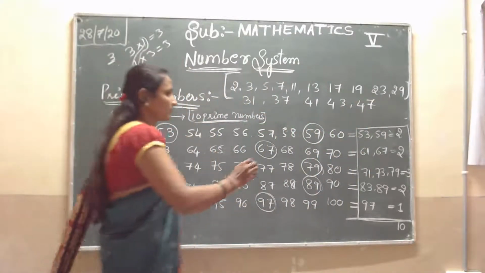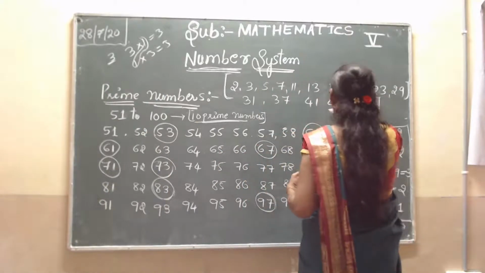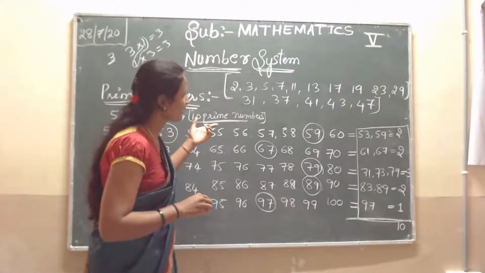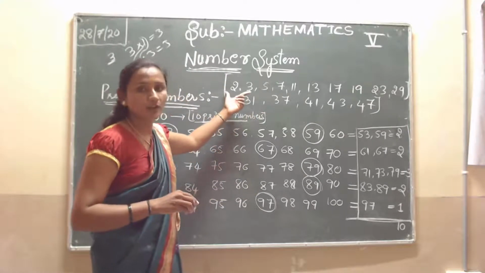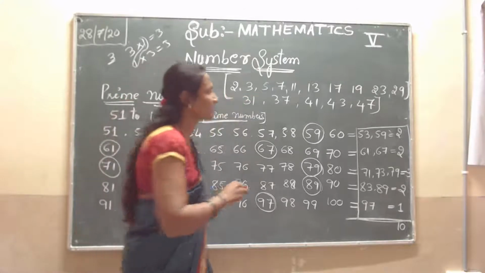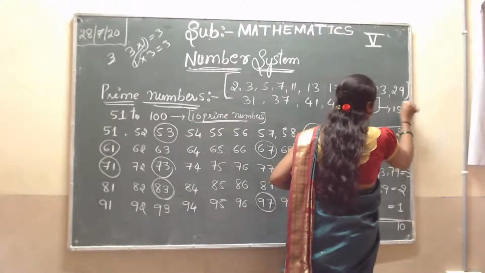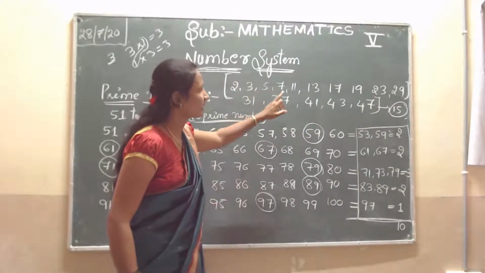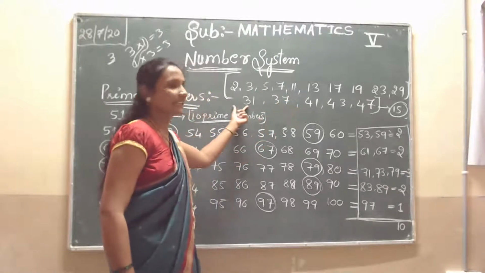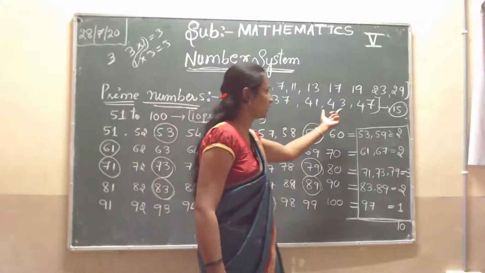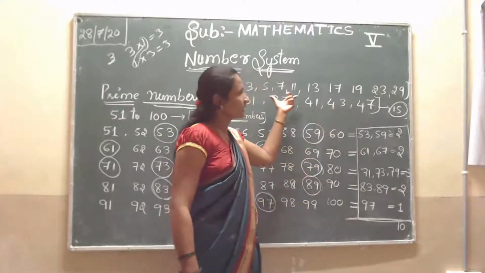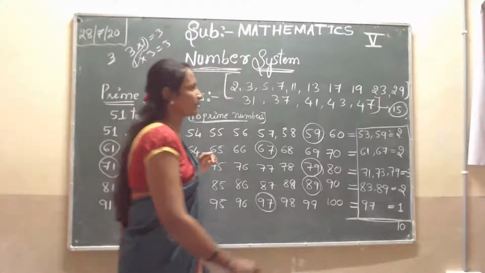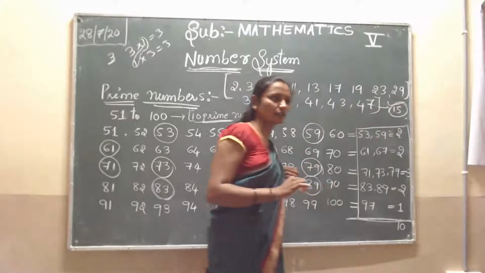So these are prime numbers. In the last classes I explained this. Between 1 and 50 the total prime numbers is 15. Yes, that is 2, 3, 5, 7, 11, 13, 17, 19, 23, 29, 31, 37, 41, 43, 47. These are the prime numbers from 1 to 50. The total is 15.